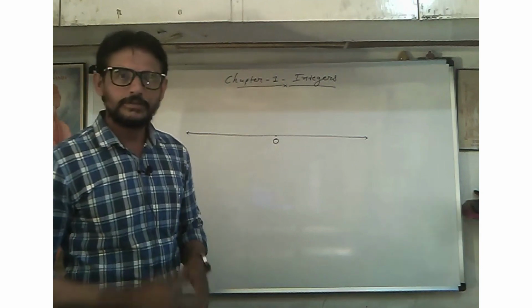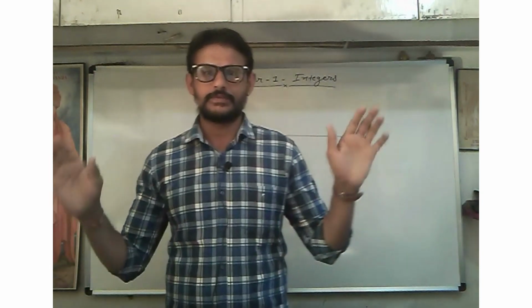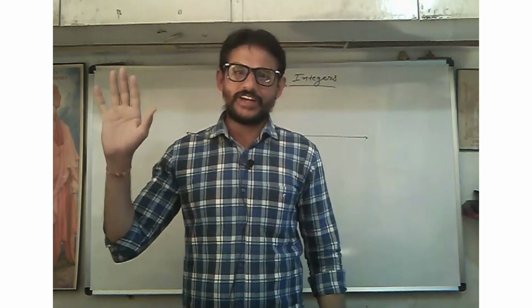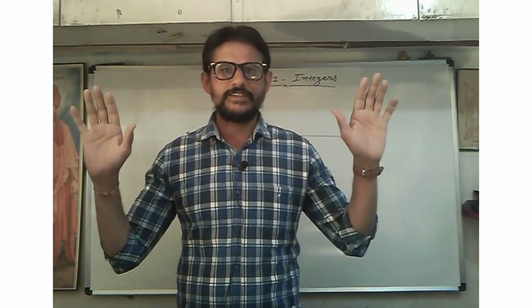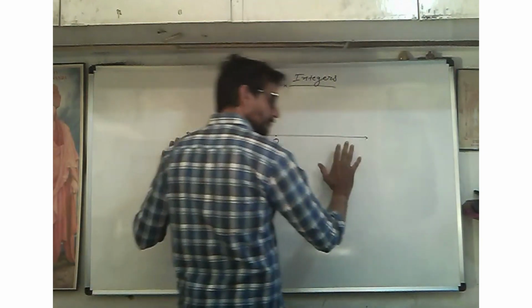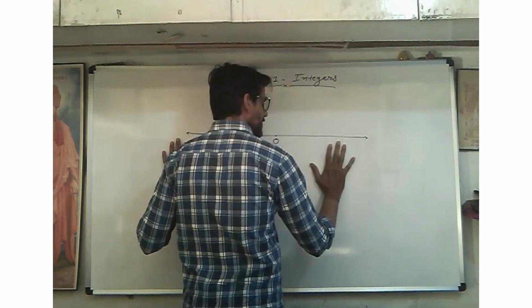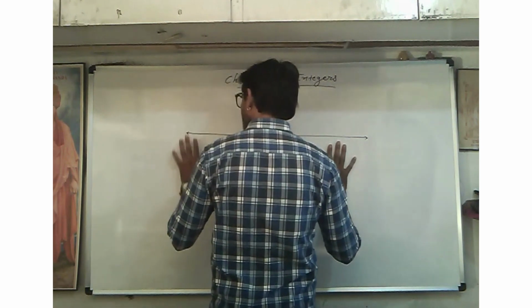Now, look at me. This is my right hand and this is my left hand. Now I turn. So, this is my right hand side and this is my left hand side.